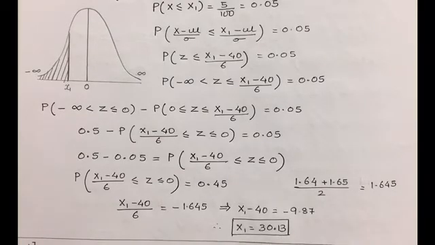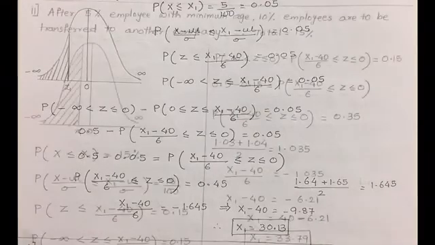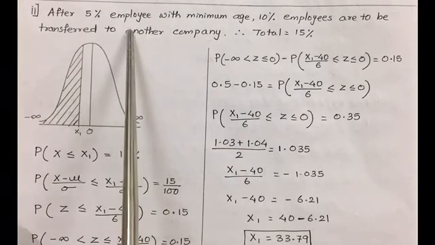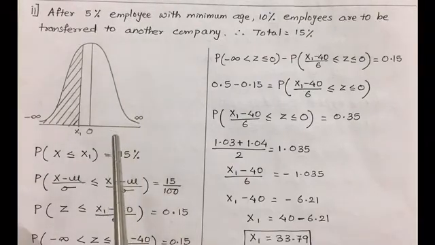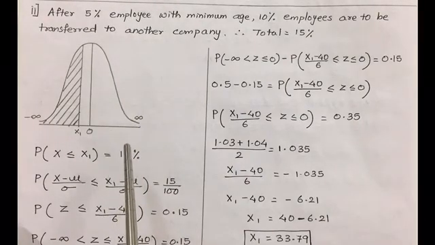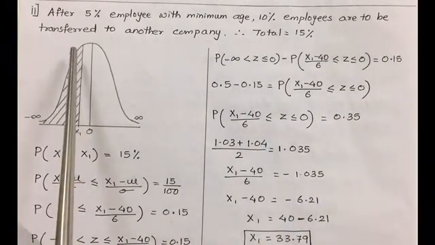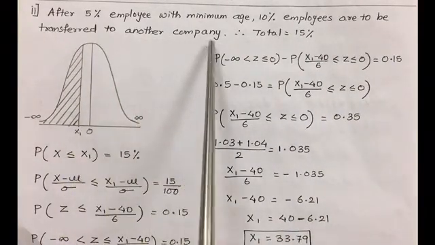So the minimum age of the 5% employees is 30.13. Question number 2, second part is, after retrenching 5% of employees having minimum age, next 10% employees are to be transferred to another company.